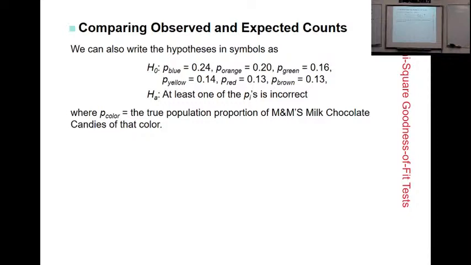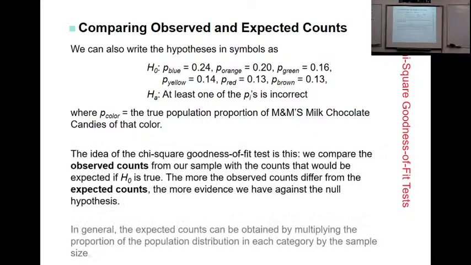All of the candies, there were 60 in our sample. So we're expecting 20% of them to be orange. That means how many? 12. Right, 20% of 60, or 0.2 times 60. That's why it says here that in general, expected counts can be obtained by multiplying the proportion in each category by the sample size.